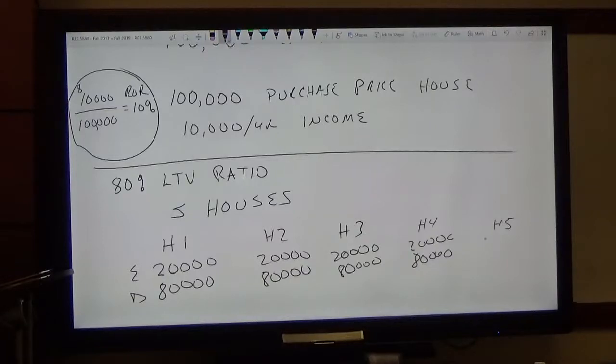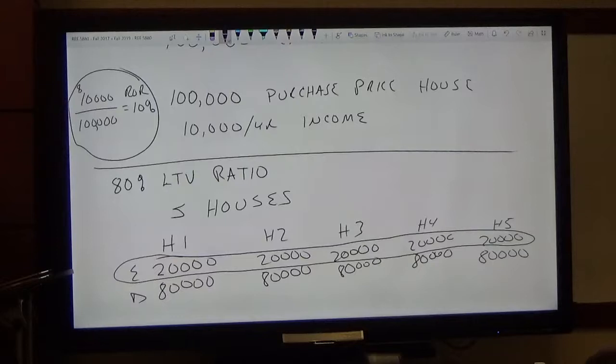And house number 5, same thing. If that's the case, you add up all of your equity and it's still your original $100,000 investment. Does everybody follow that? Yes or no? Okay. But then how much debt do we have? $400,000. Okay.